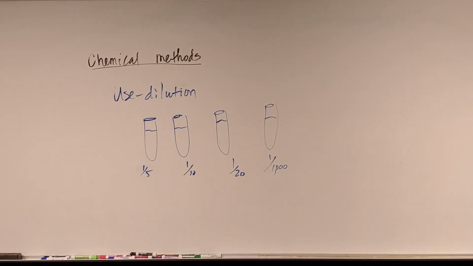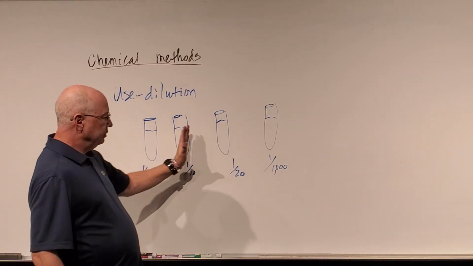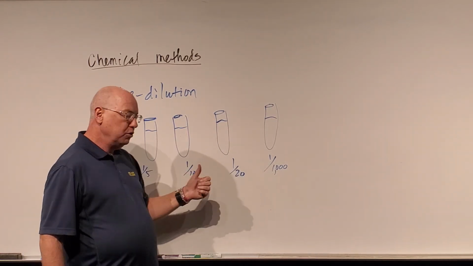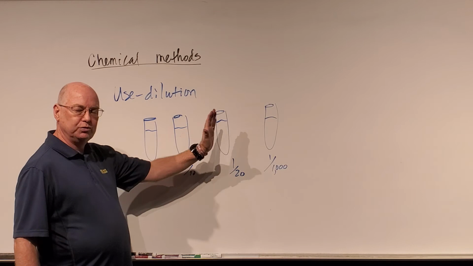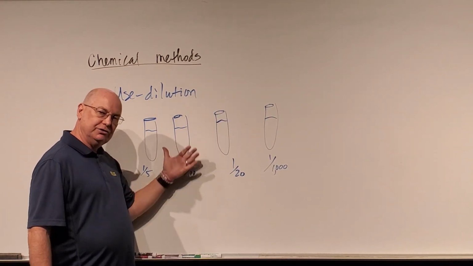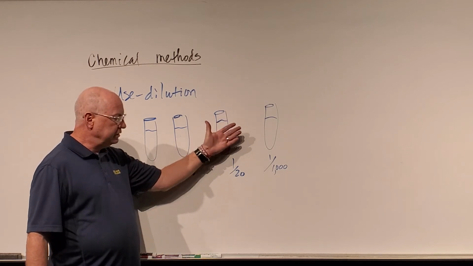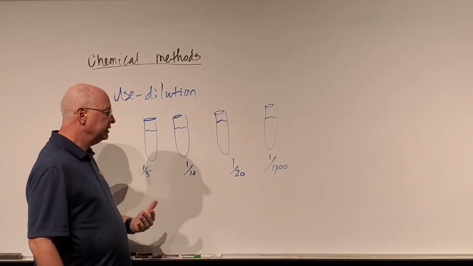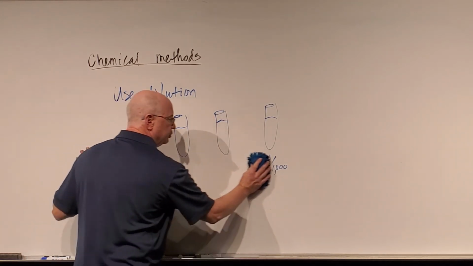You can either look at the agent and a specific microbe, or you can look at different microbes with the same agent at different dilutions, and I can say at this dilution it kills these bacteria or germs, at this dilution it's more effective at killing these, and then we can target that product to certain things.